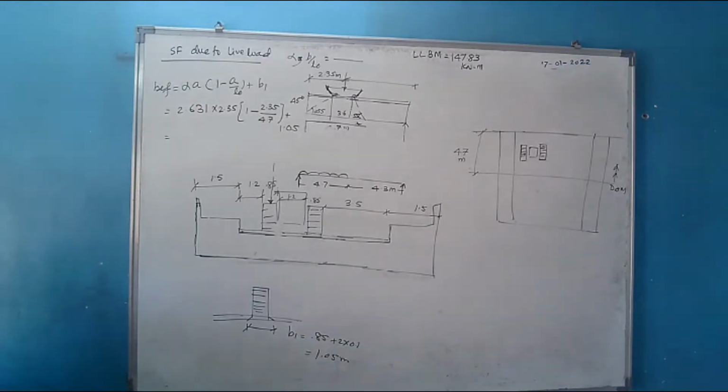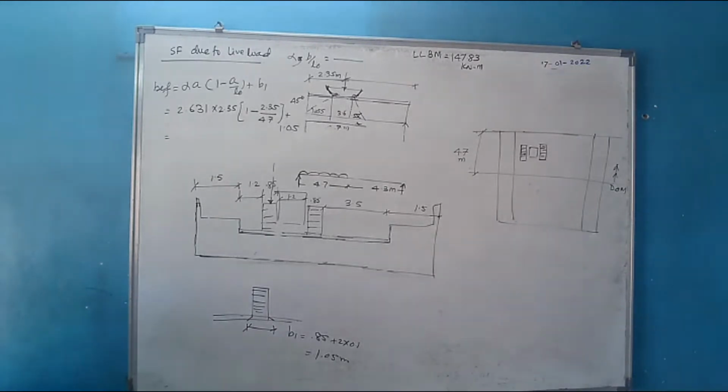This is how the dispersion effect of the load will be. On how much width will the dispersion effect be? What is the b effective? Alpha a in bracket 1 minus a divided by l naught plus b1. And for all of this I have told the clauses. Yes, how much will that answer be? Come on, give me the answer.